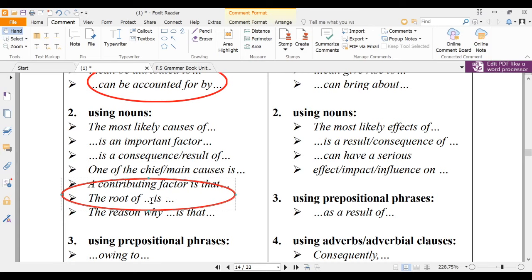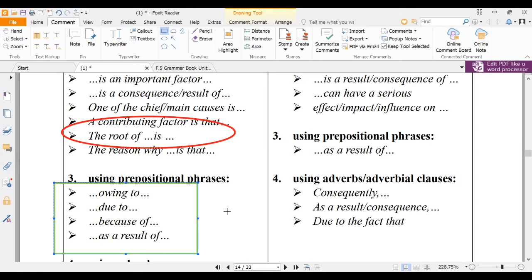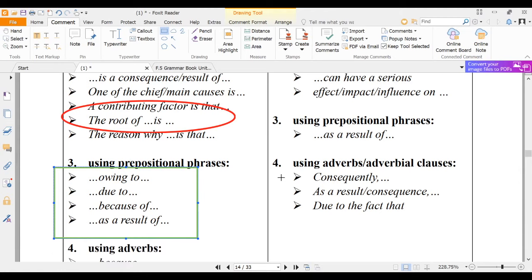But at our level, these are things that you can surely do. We learned it last time when we talked about the grammar book. And of course, you know these since primary school.